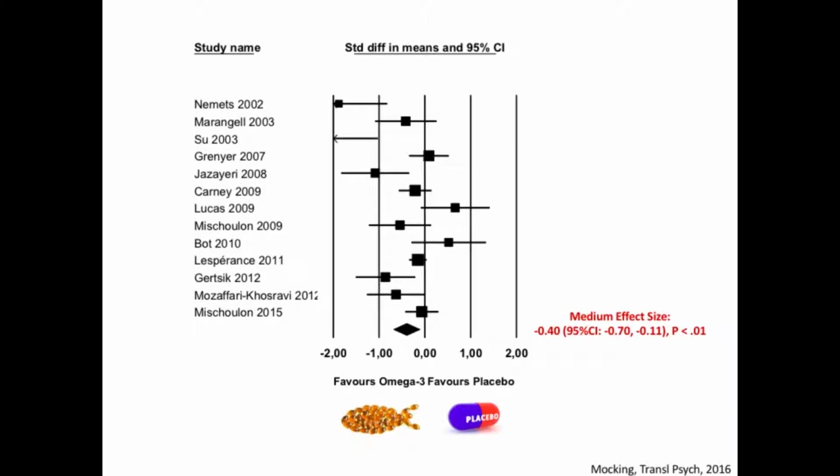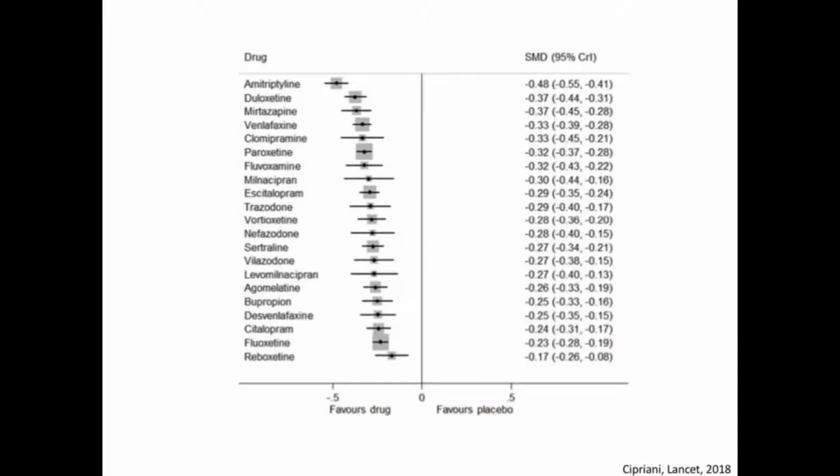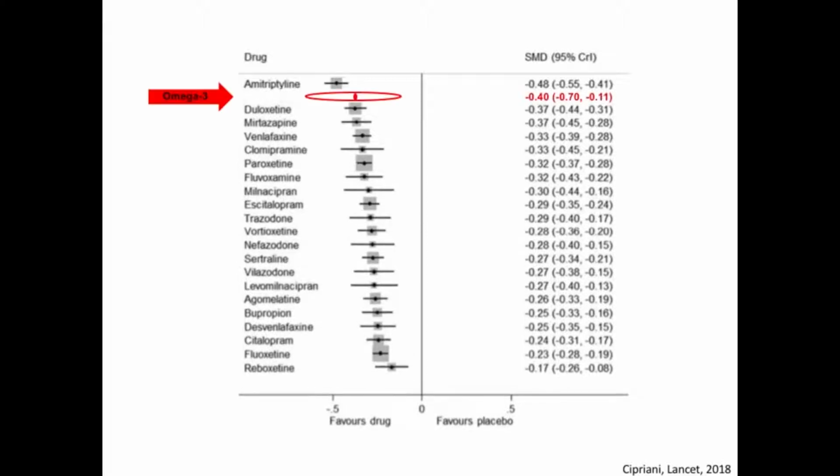So I tried to put these findings in context by comparing them to effectivity data for traditional antidepressants. Here you see a recent meta-analysis published in The Lancet with effectivity data for all traditional antidepressants. And I put the omega-3 fatty acids on this list. And as you can see, the effect size that I found in my meta-analysis was second on this list.